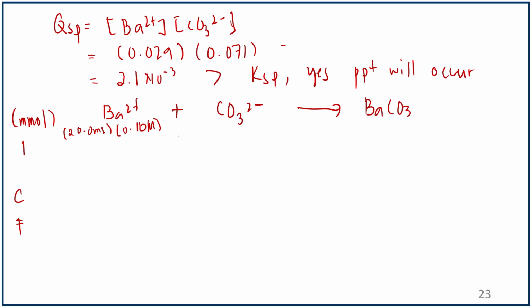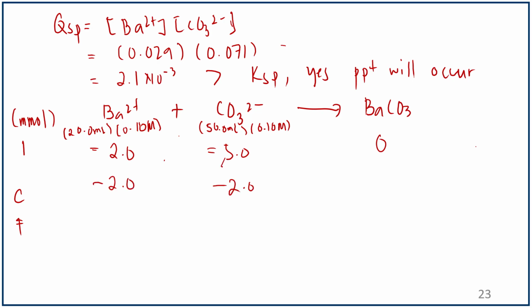That will be equal to 2.0. And then the number of millimoles of carbonate will be 50.0 ml times 0.100 molar, which is equal to 5.0, and we begin with no barium carbonate. There should be minus 2.